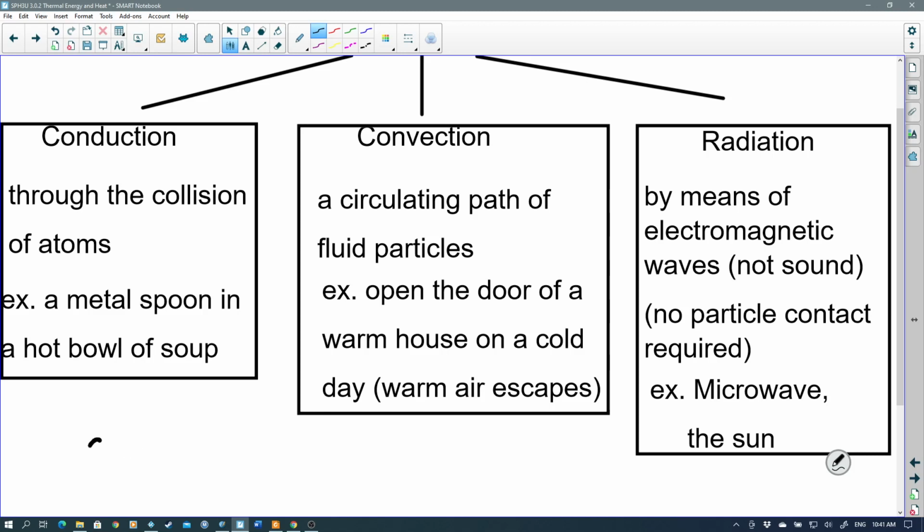So the reason for that is if you have a metal bar of any kind, or any kind of good conductor of heat, and metal is one of the best ones, and you put a fire at one end of that metal, the molecules inside of the metal at that end will start to move faster and faster.